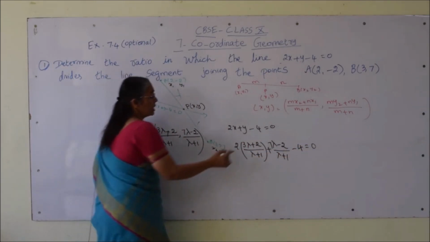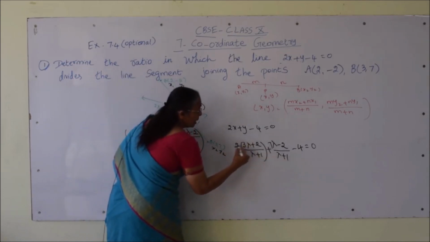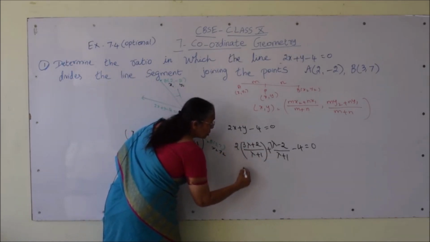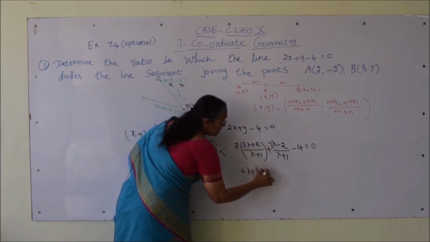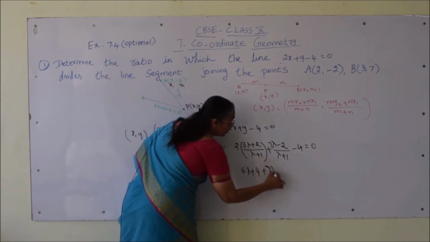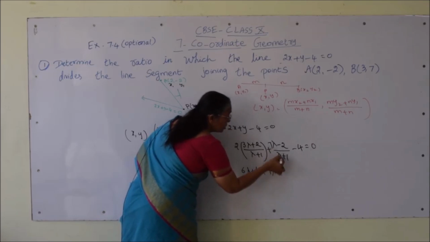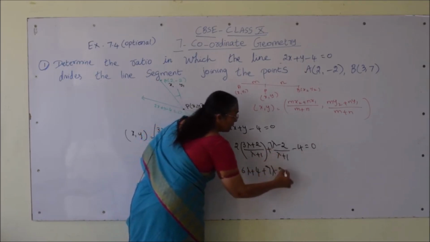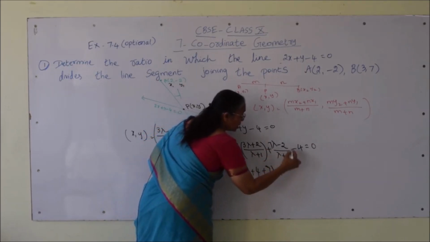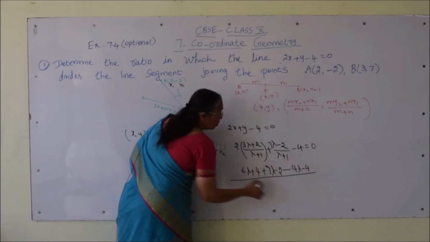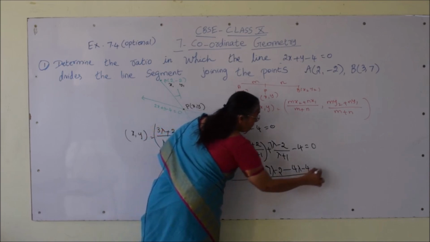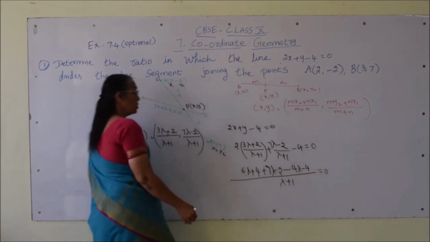Taking lambda plus 1 as LCM, we get 6 lambda + 4 + 7 lambda - 2, and multiplying lambda plus 1 with the minus 4, we get minus 4 lambda minus 4, whole thing divided by lambda plus 1 is equal to 0.